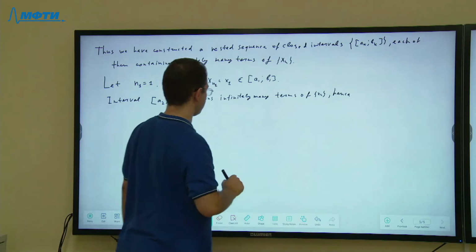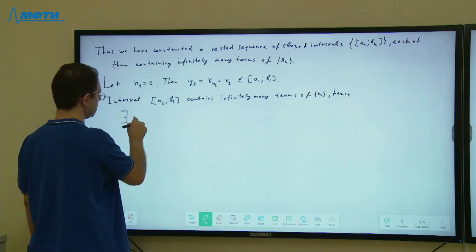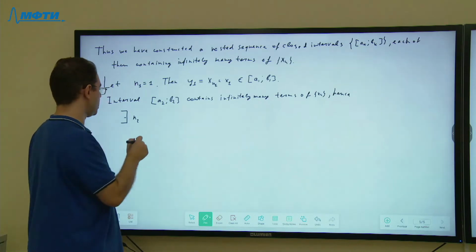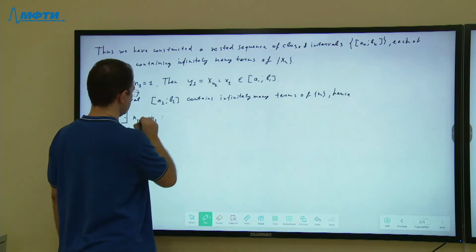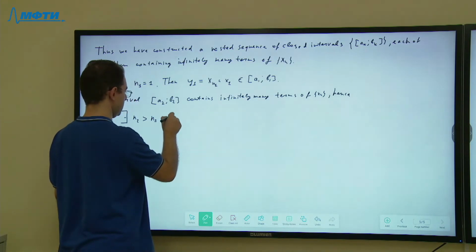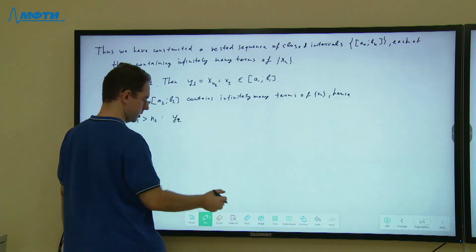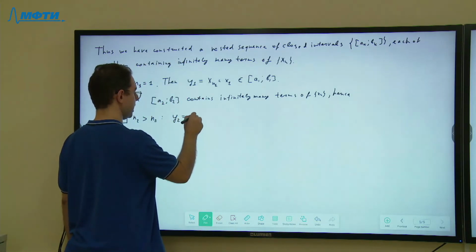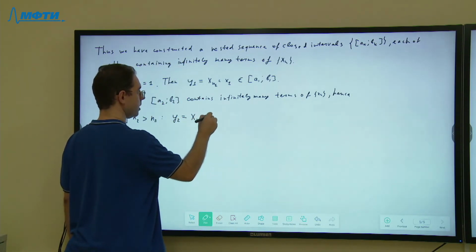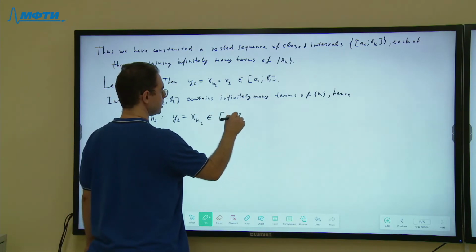Hence, there exists a number n2 which is greater than n1, such that y2 equals x n2 lays inside this interval A2, B2.